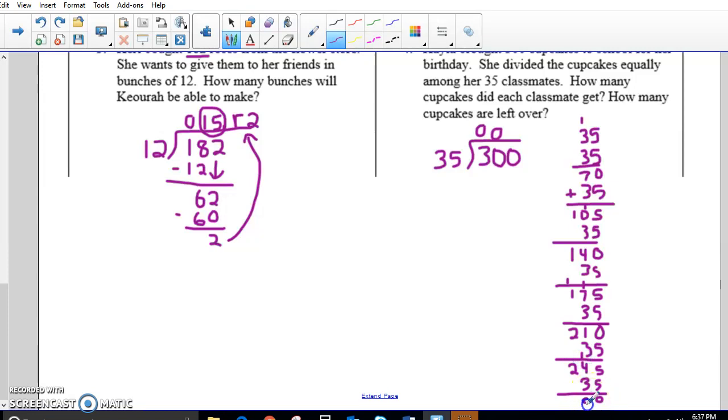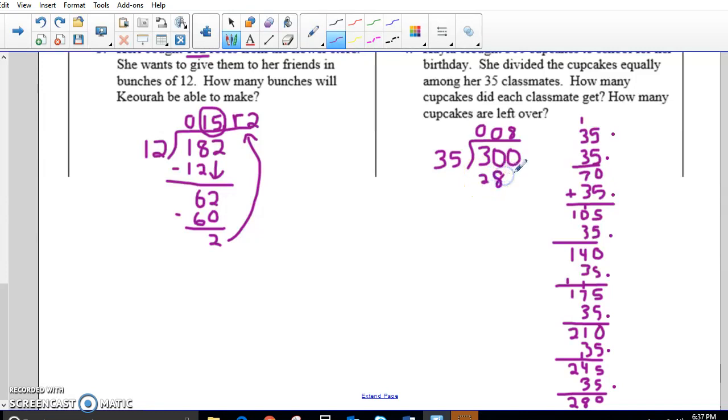I get 8 and 2. Now I can't go any higher than that without going over 300. Okay? So let me count. I have 1, 2, 3, 4, 5, 6, 7, 8 times 35. So I added 35 8 times, and I got 280.